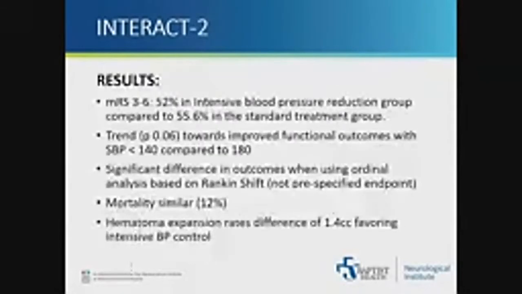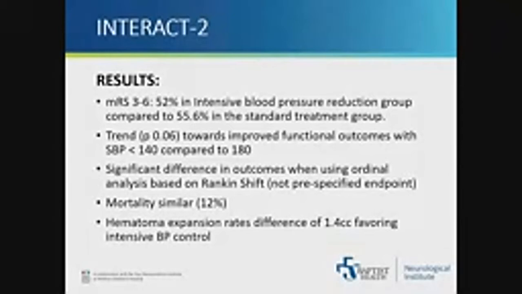Okay, so the results of the INTERACT-2 study. There was no significant difference in the primary endpoint of death and disability, the modified Rankin score of 3 to 6. In the intensive blood pressure group, the less than 140 group, it was 52% compared to 55.6% in the standard group.